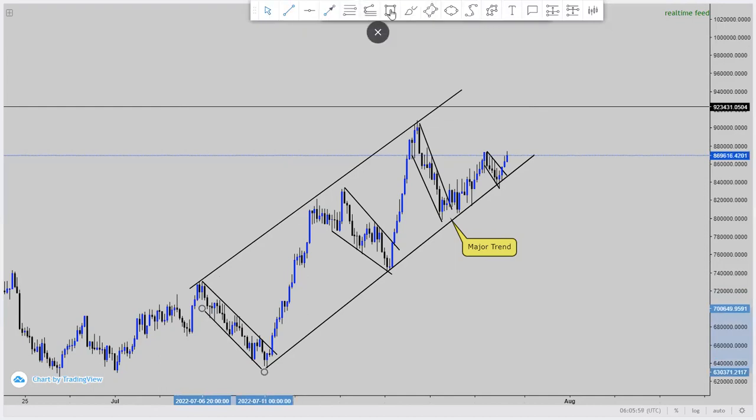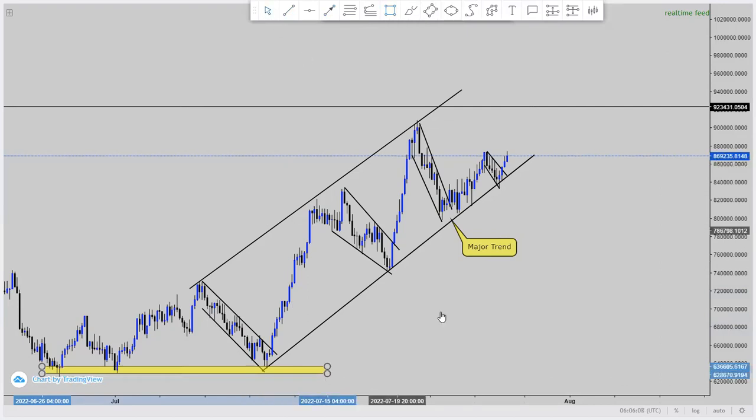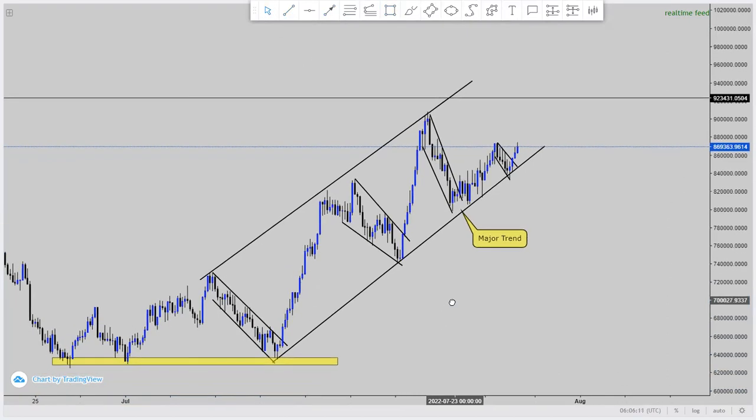Whenever there's what seems to be, because on daily, that was obvious, on daily there is major bullish movement. Yes.